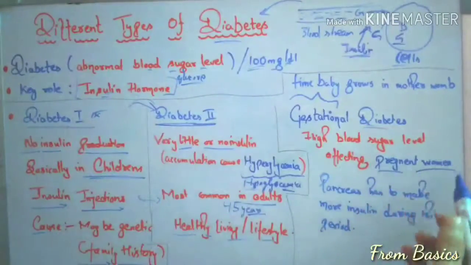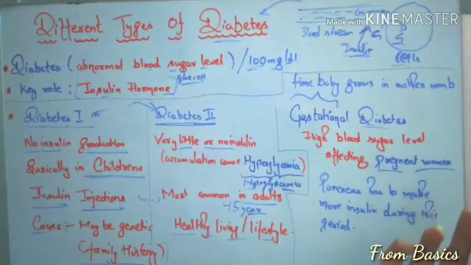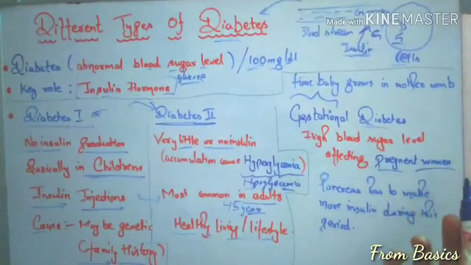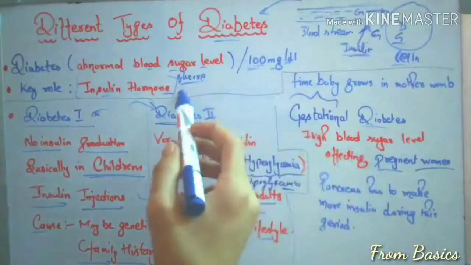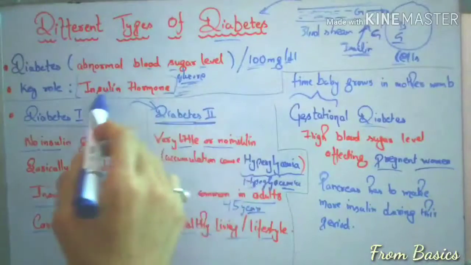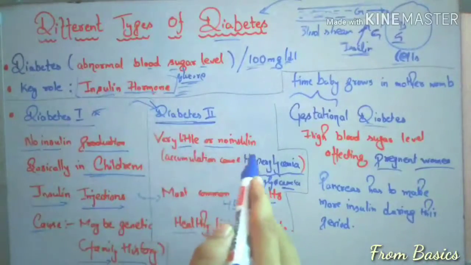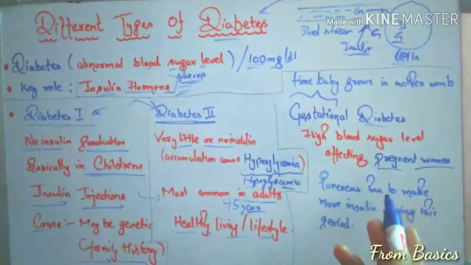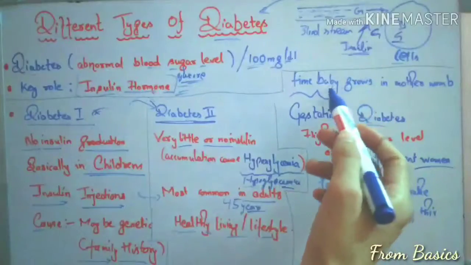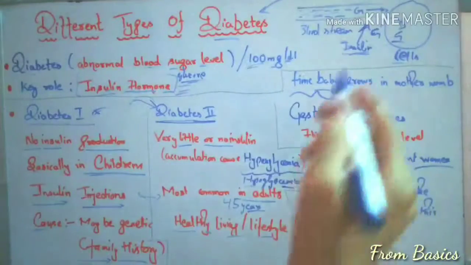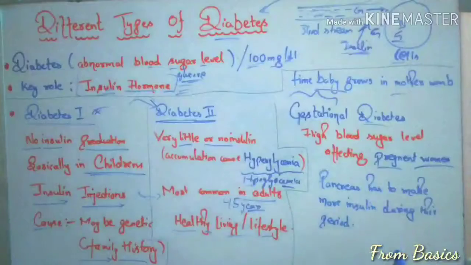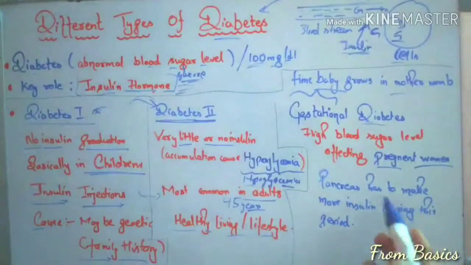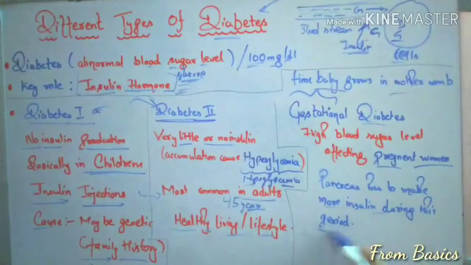The pregnant woman will need more insulin production. There is a need for more and more insulin hormone from the pancreas, as it is also needed for the growth and development of the offspring inside the mother's body. So the pancreas has to make more insulin during this period.